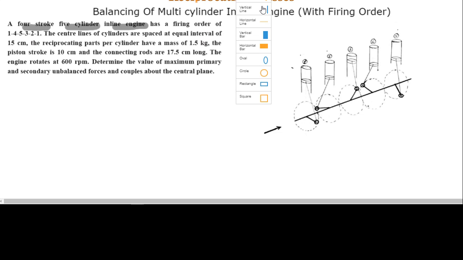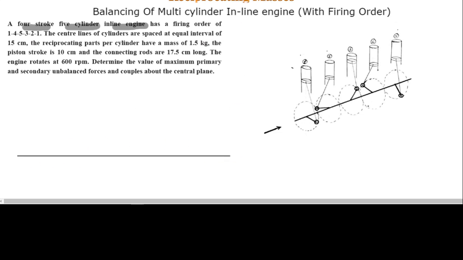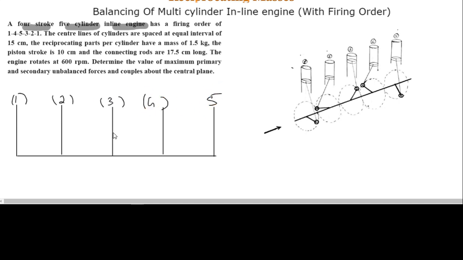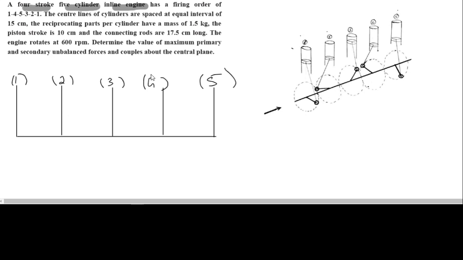Five cylinders are there, numbered 1, 2, 3, 4, 5, and all are equally spaced at an interval of 15 centimeters.